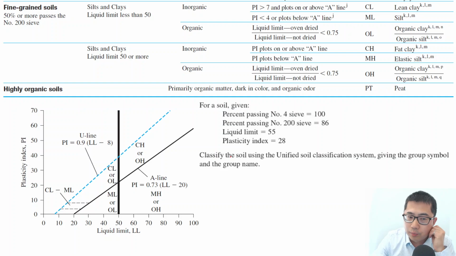We can do one more practice, but I will just leave this to you. This one is on the fine-grained side. On the fine-grained side, you are going to use the A-line a lot. Make sure you read all the superscripts. Again, I can't fit this into the slide, so it's a good idea to have that table open on the side.